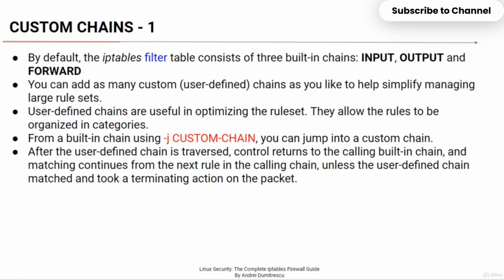The matched packet traverses the user-defined chain, and after that the control is returned to the calling built-in chain and matching continues from the next rule in the calling chain. This was the logic of user-defined chains or custom chains.